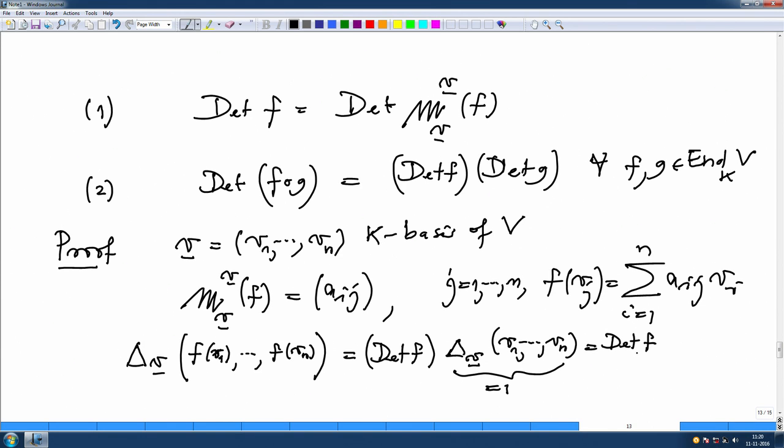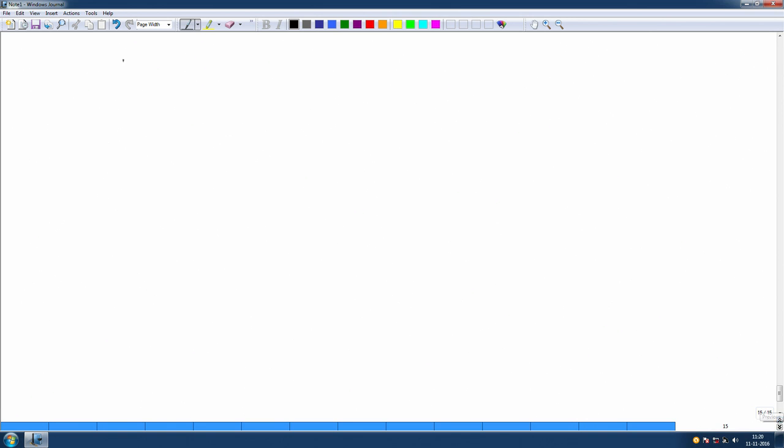I will substitute f of v1 from this equation, f of v2 from this equation, and so on. Therefore, determinant of f is equal to delta v of f of v1 to f of vn.